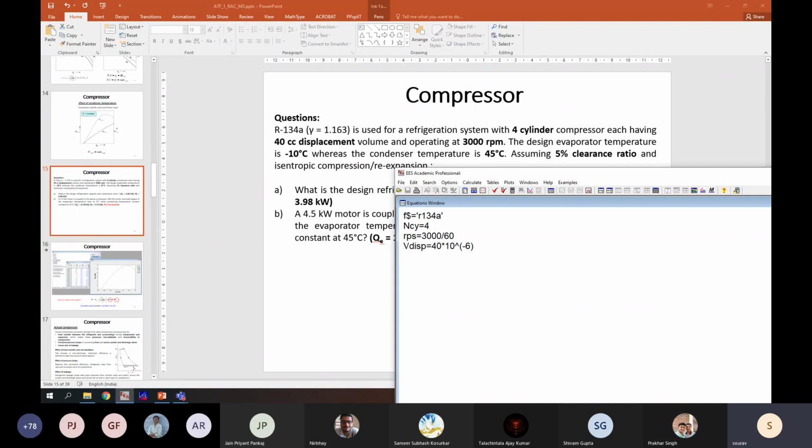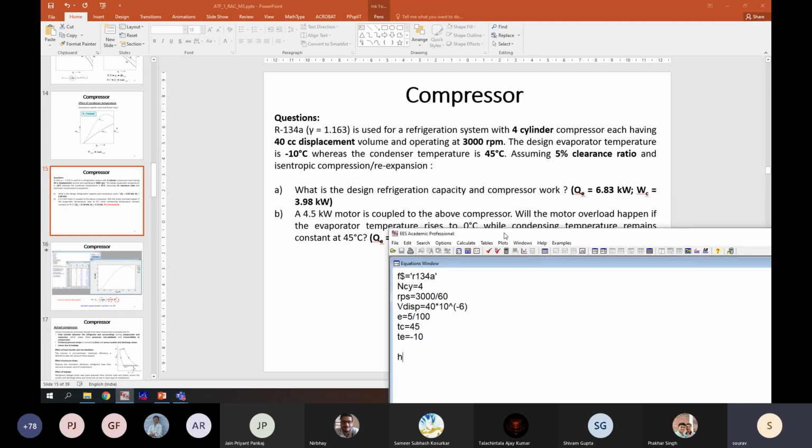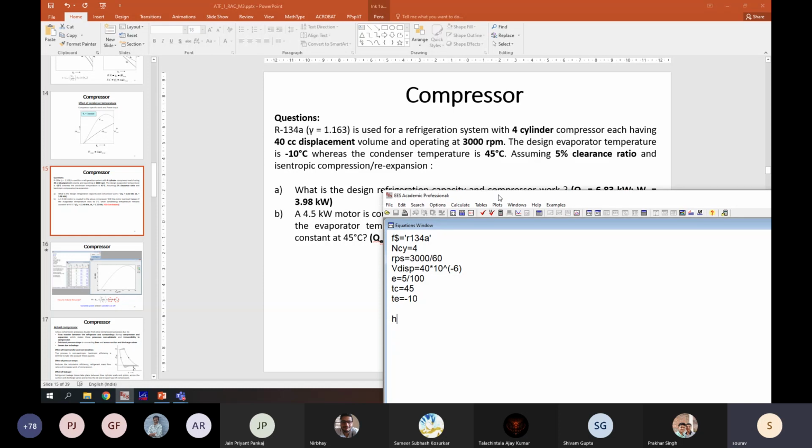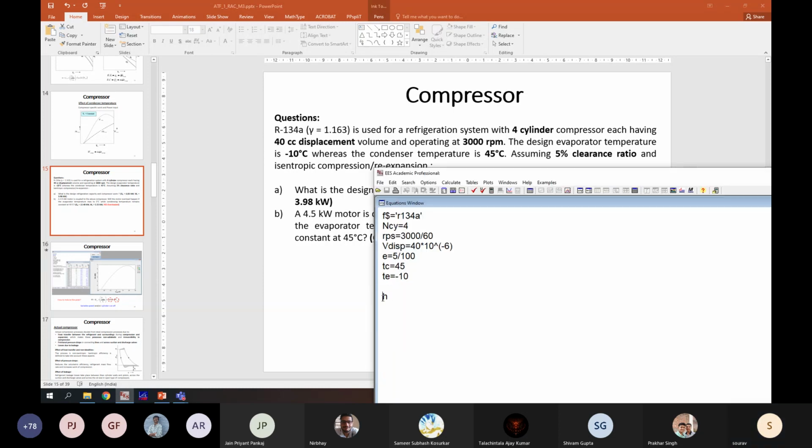And then epsilon, let's call this E, is 5. And TC is 45, TE is minus 10. Okay, so what we have to first find out is the refrigeration capacity and the compressor work.